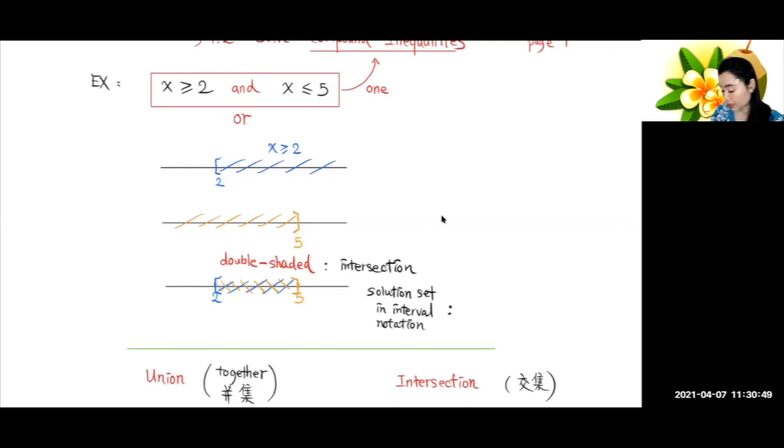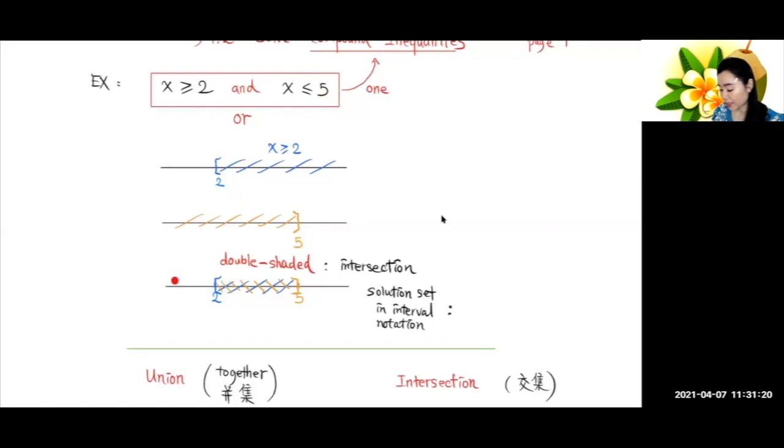Only those numbers between 2 and 5, including 2 and 5, satisfy this compound inequality. Because this is "and", both of them have to be true. Only this part here satisfies both of them.